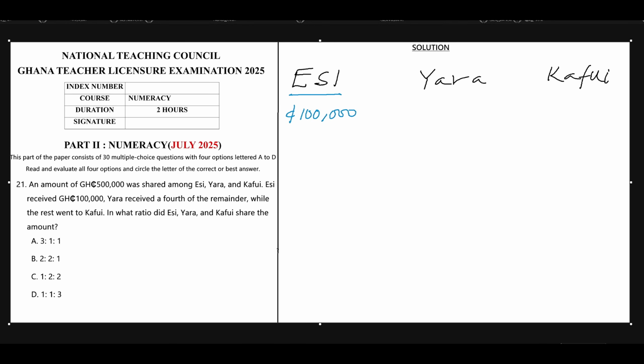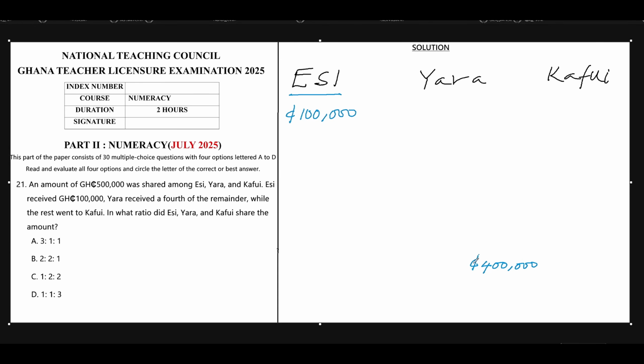Yara received a fourth of the remainder. We know that the total amount of money to be shared is 500,000 Ghana cedis. Now AC has already received 100,000 cedis. So what will be the remainder? The remainder will be 400,000 cedis.